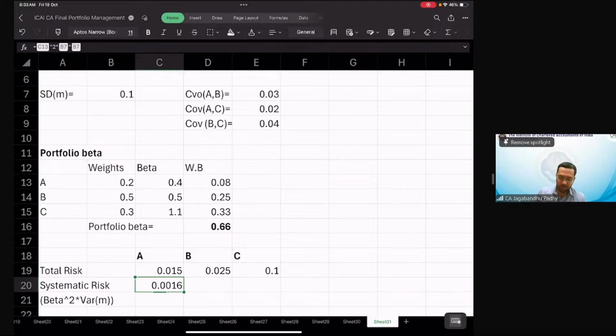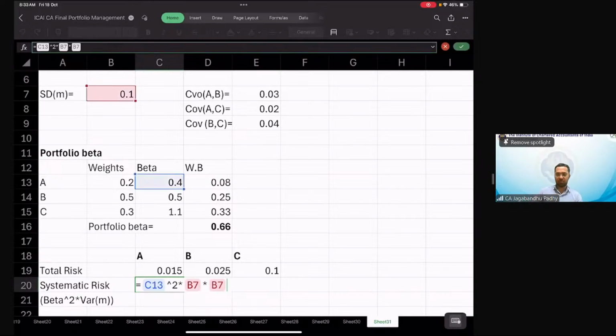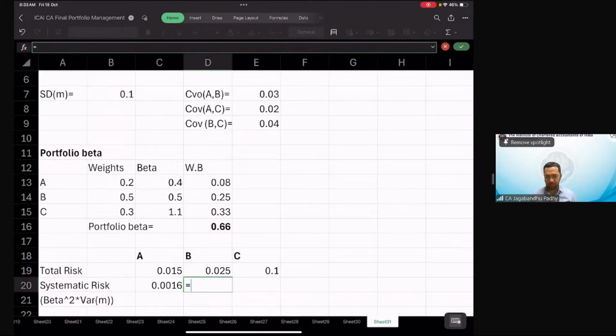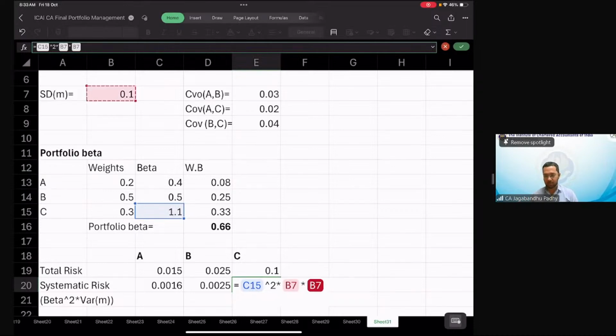So systematic risk is simply the beta square into variance of market. Variance of market is simply standard deviation square. Same goes for B. So for B, it is going to be beta of B square into variance of market, then beta of C square into, again, the variance of market.